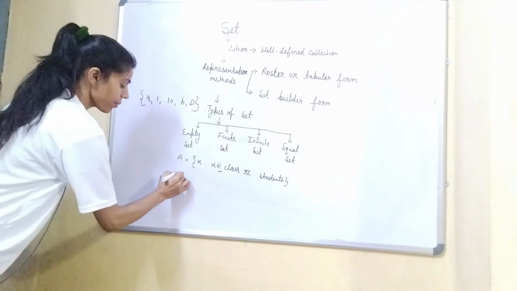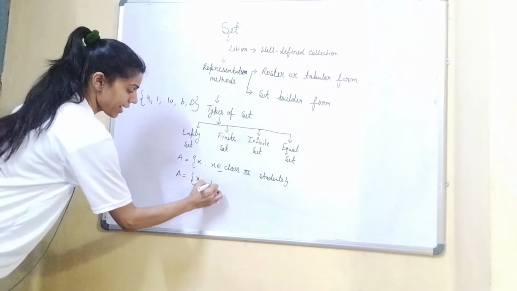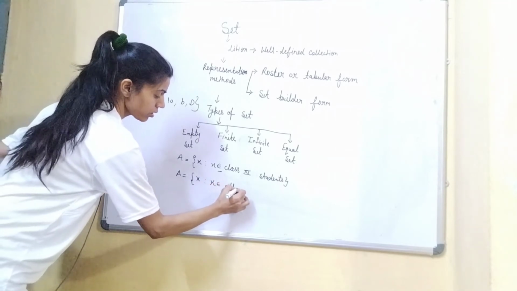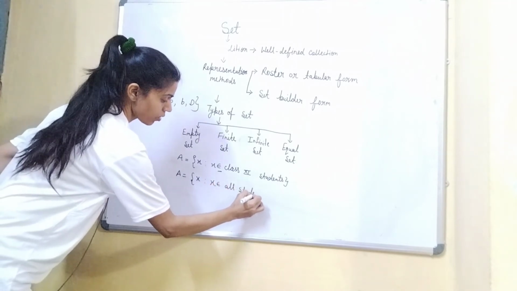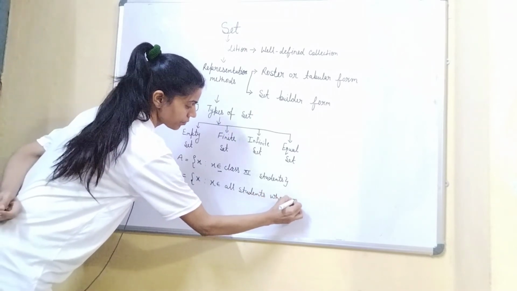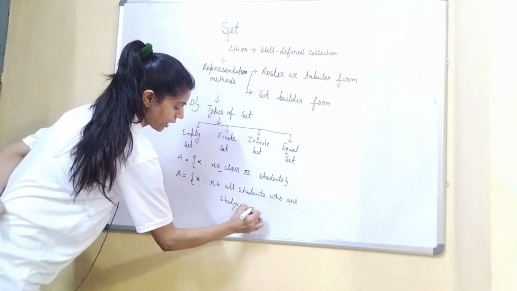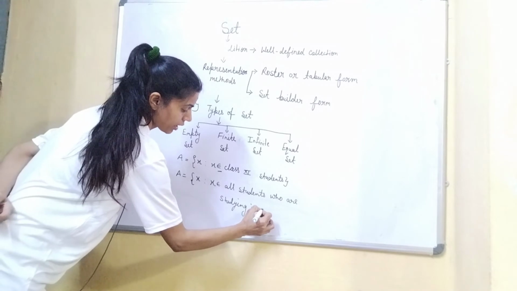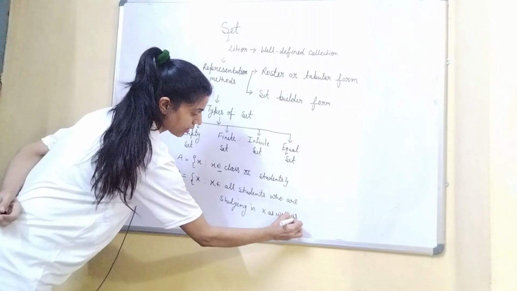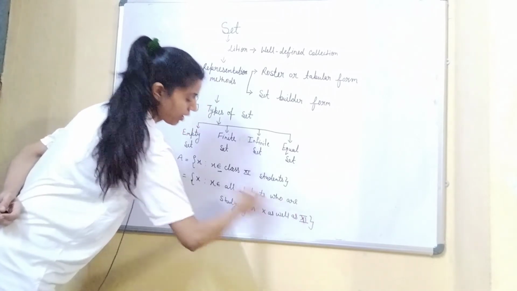But student, if I am writing that A is a set, its elements are x, and x is belonging to all students who are studying in 10th as well as 11th, right?